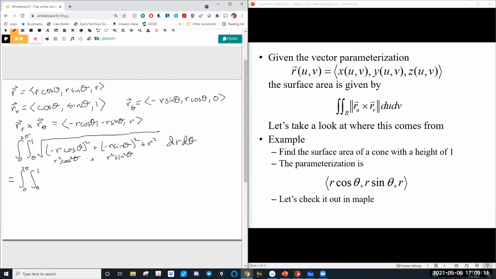Well, we can factor out the r squared, and we get cosine squared plus sine squared, which just leaves us with r squared plus r squared. So square root of 2r squared dr d theta.